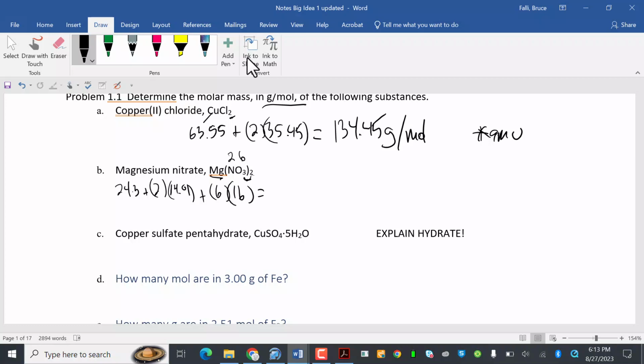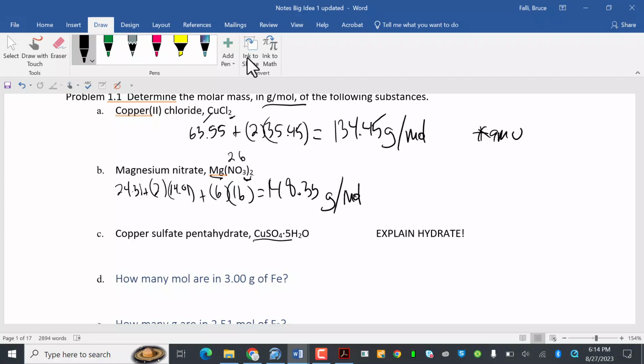And notice we pull 2 decimal places on each of these. I said 24.31. So I have 24.31 plus quantity 2 times 14.01, close quantity, plus quantity 6 times 16, close quantity. I get 148.33 grams per mole.